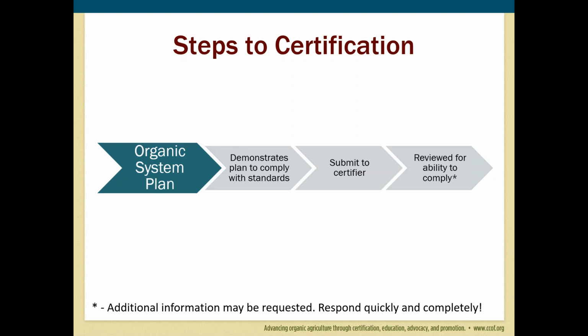For example, if there's a question about a material that was used during the transition period and whether or not it's allowed, or if it appears that the applicant doesn't have much understanding of how to meet the regulations, that applicant is not ready to move forward to the inspection stage.